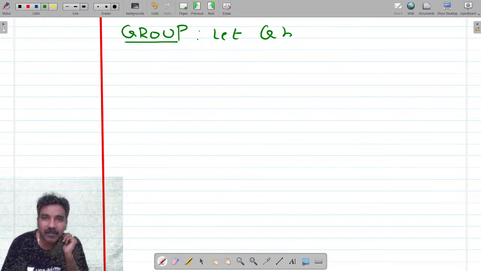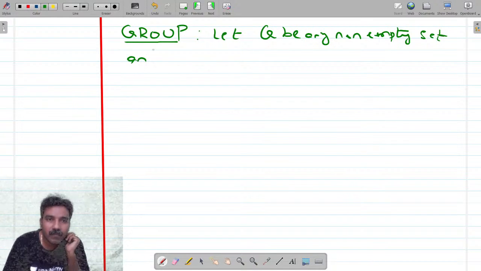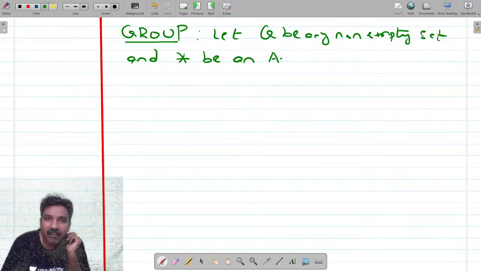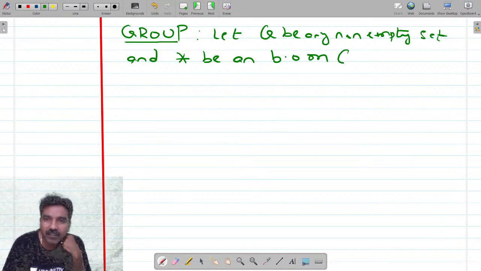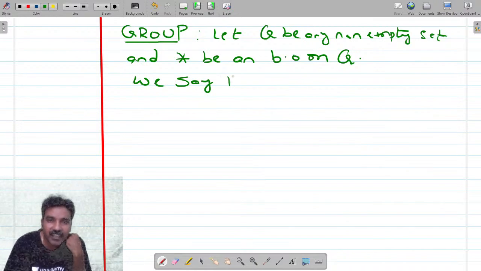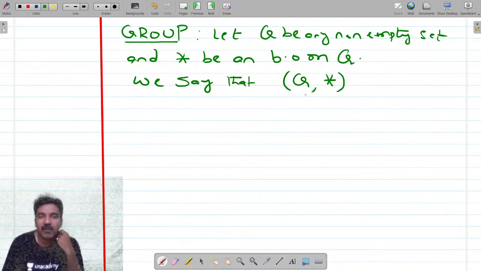Let G be any non-empty set, and star be an algebraic system, or you can say a binary operation. So star be a binary operation on G. When you write these in ordered pair, it will be called an algebraic system.